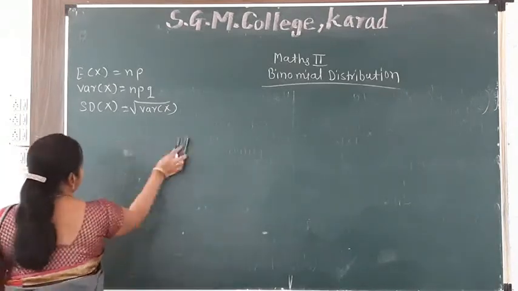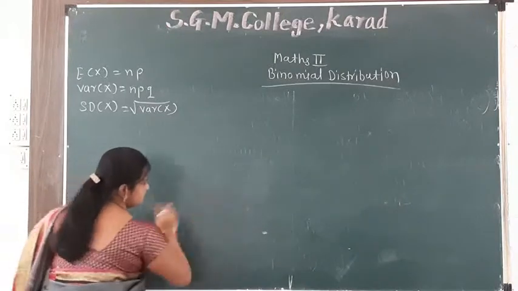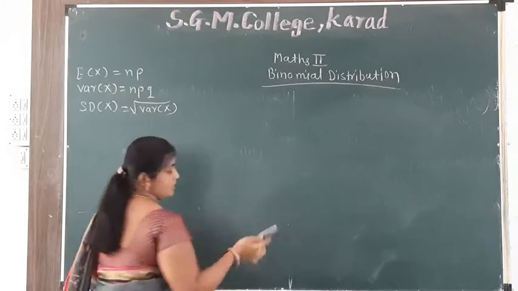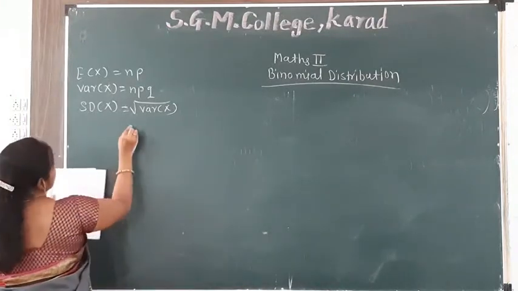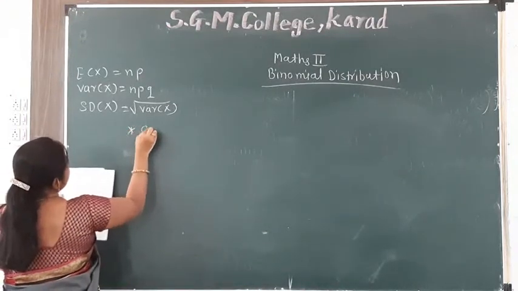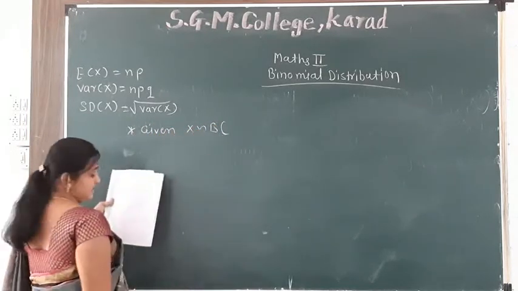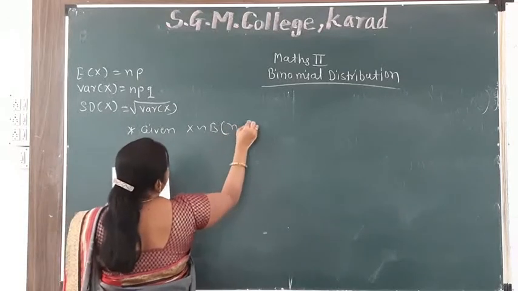Given x is a binomial distribution with parameters n and p.